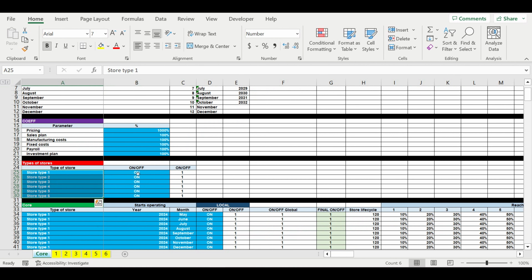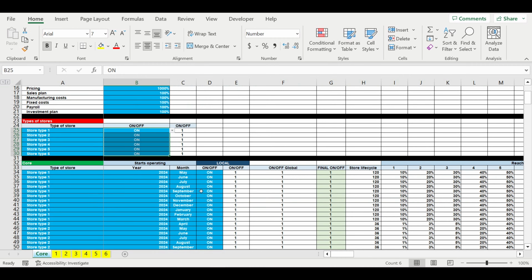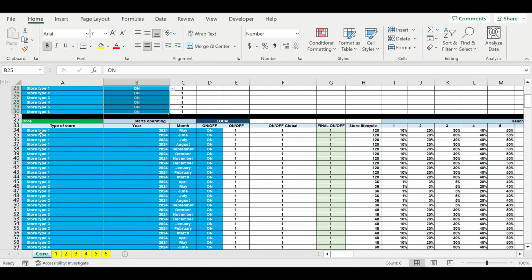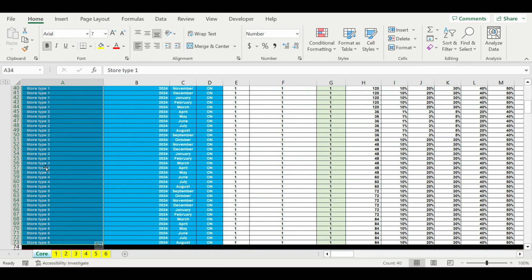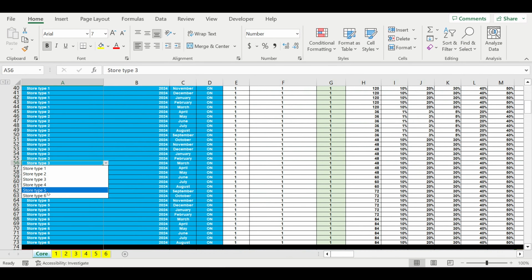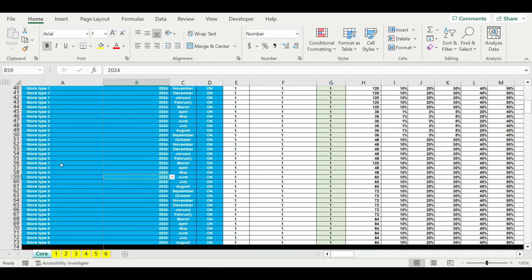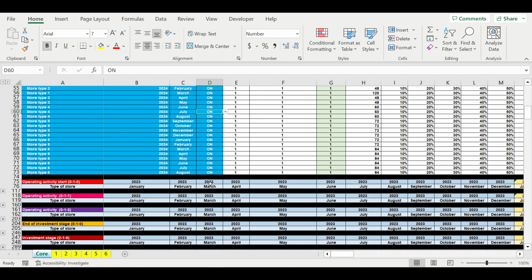We can switch them on and off from calculations from here. And then we have a core of 40 stores. And for each of 40 stores, we can select different types of stores, the portraits. Then when we're going to open this store, we can switch it on and off. And this information will affect the cash flow statement. This will affect everything. Simple, discounted payback period in future, and so on.